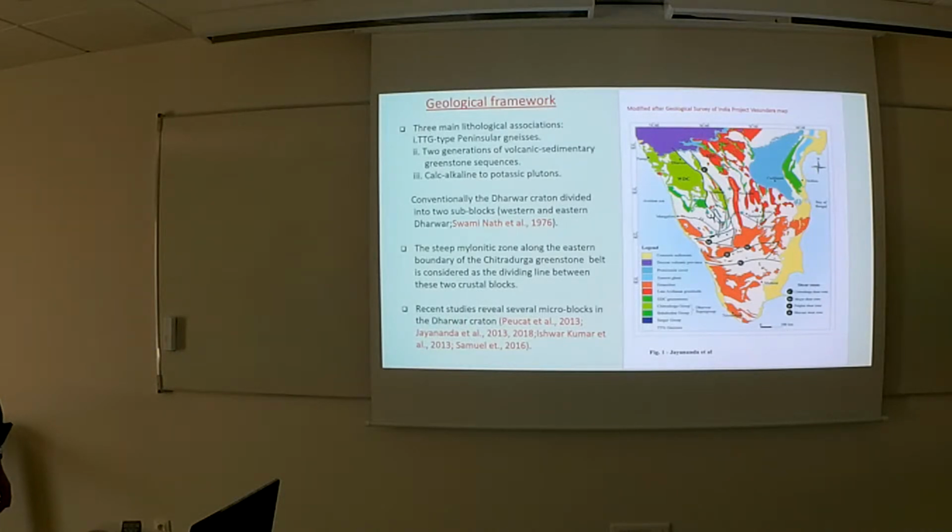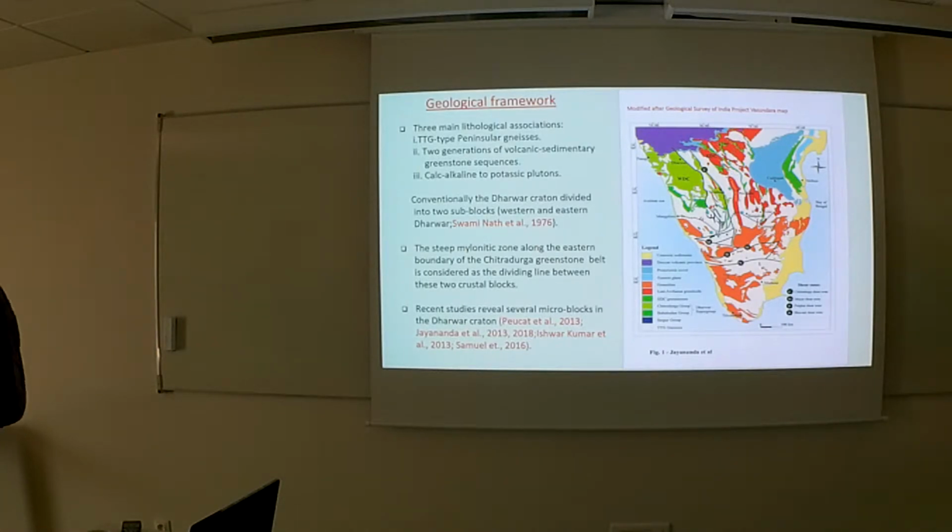The dividing line is the mylonitic shear zone along the Chitradurga greenstone belt. Along the eastern boundary of the Chitradurga greenstone belt, there is a major shear zone. This boundary shear zone is considered the terrane boundary between the two distinct cratonic blocks.